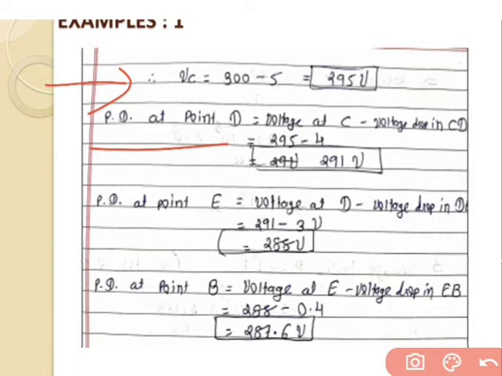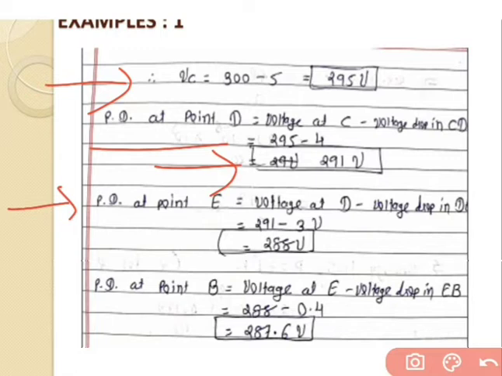In the same way, go for the next one, the potential difference at point E. That is equal to voltage at D minus voltage drop in the DE section. The voltage at D is 291, calculated in the previous step, minus the voltage drop in the DE section, which is 3 volt. So the potential difference at point E is 288 volt.